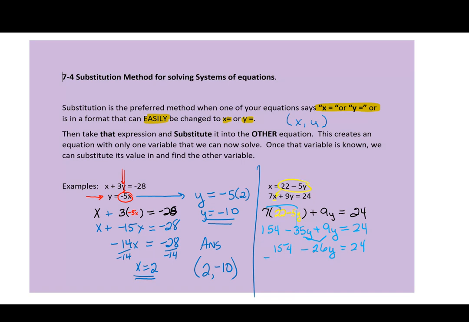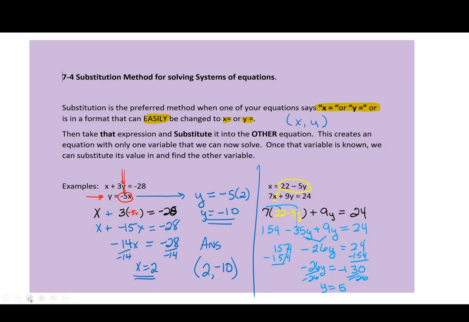I'm going to subtract 154 on both sides. Negative 26y is equal to negative 130. Divide both sides by negative 26, and I'm going to get y is equal to 5.